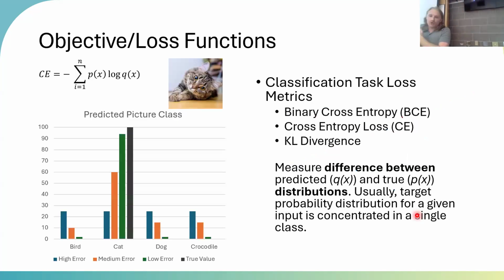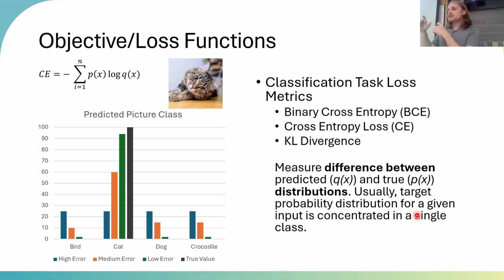Then for our other class here, of course, I have to use cats, because that's our canonical classification example. The main distinction between a classification task and a regression task in terms of how we measure loss is that in regression we're measuring distances, the difference between my prediction and my label.